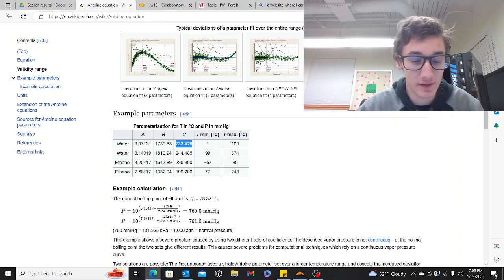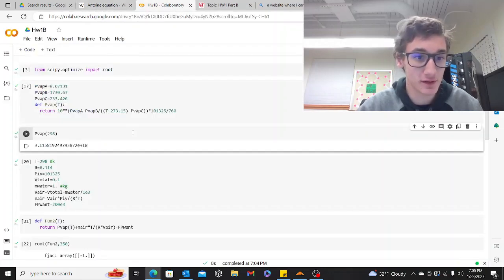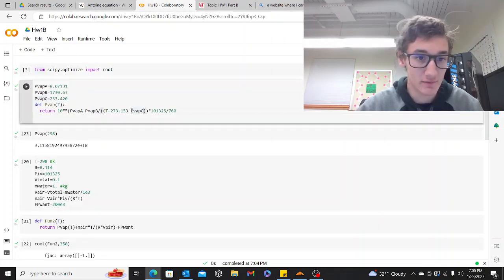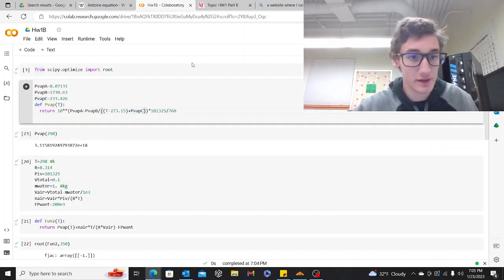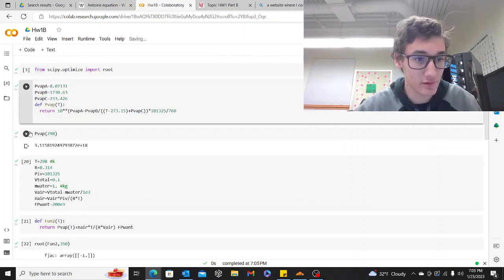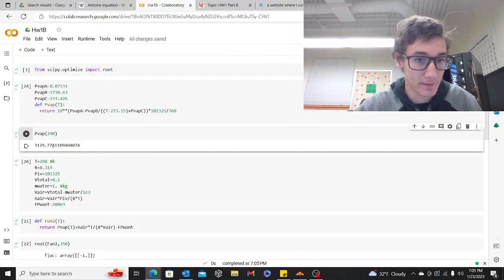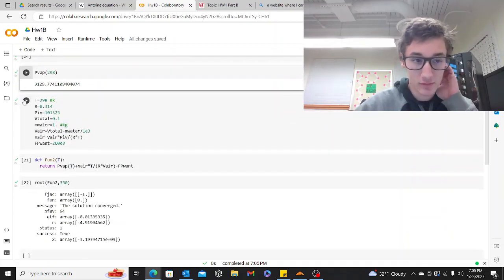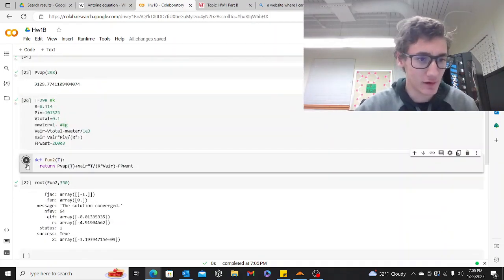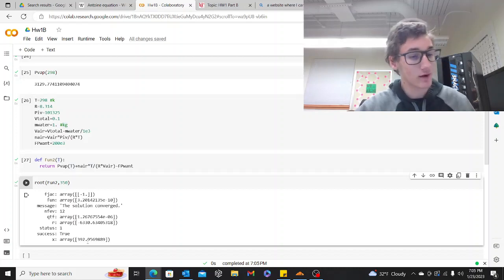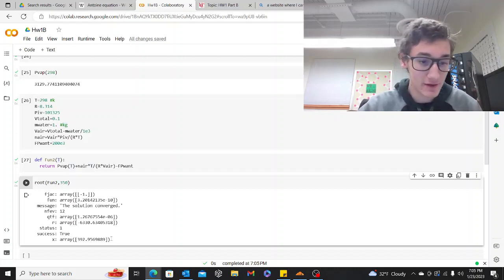I think it happens to be that I wrote the equation wrong, and it's supposed to be plus C and not minus C. That would have a big issue with what we're doing here. There we go. That looks a lot more reasonable. And well, looky there. We have a value for K, or for our temperature, for which this would all work.